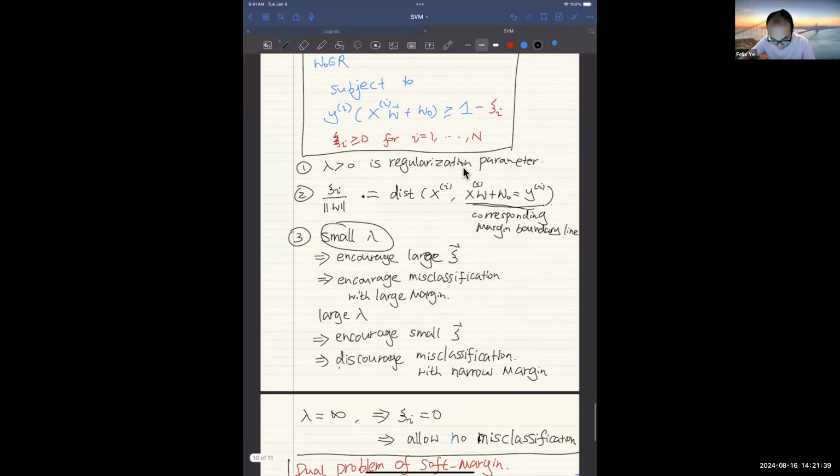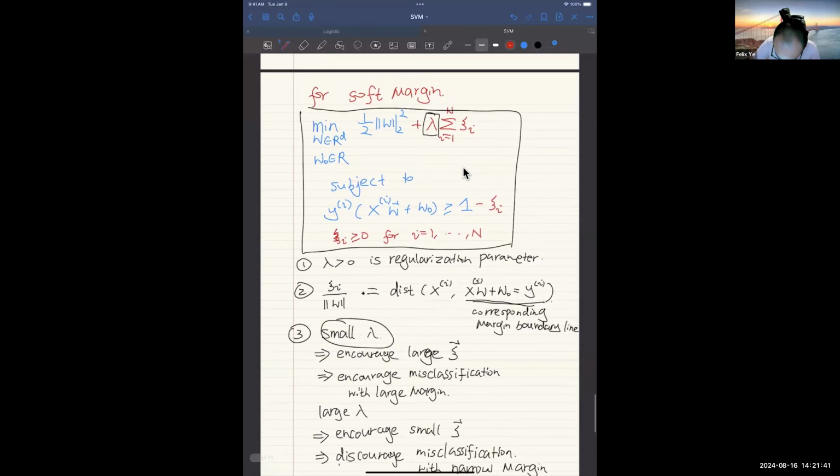In the primal problem, we also need to solve for the xi as a vector in R^n, right? So for the primal problem, we have m plus d plus 1 unknowns.